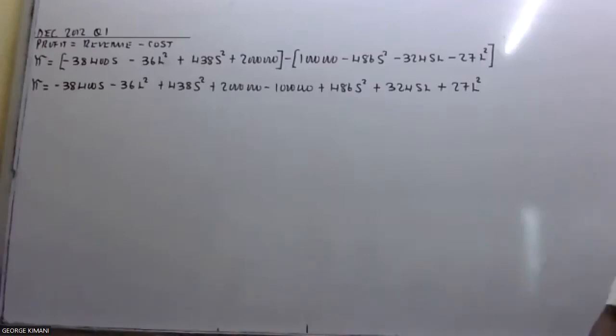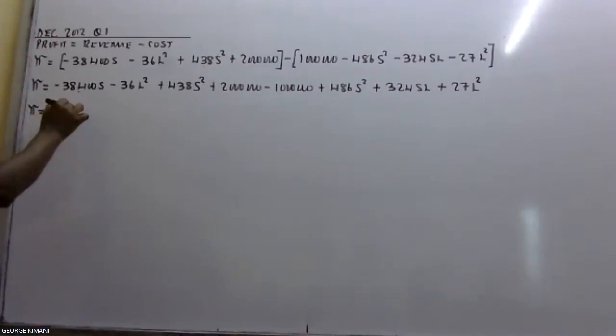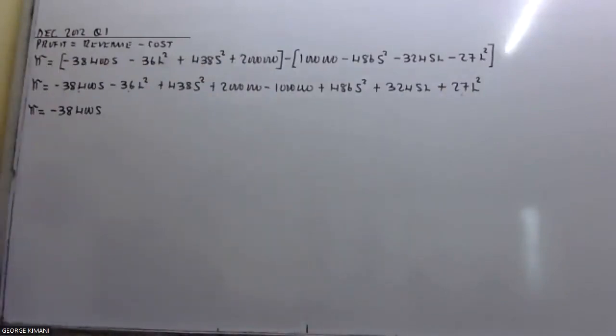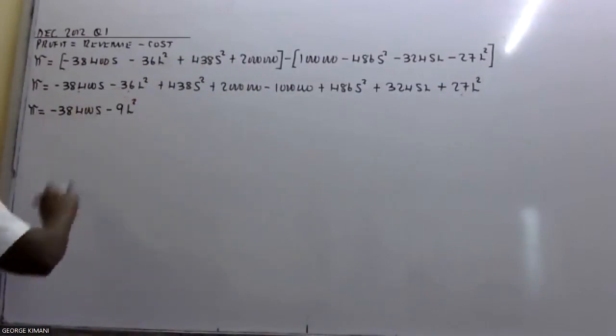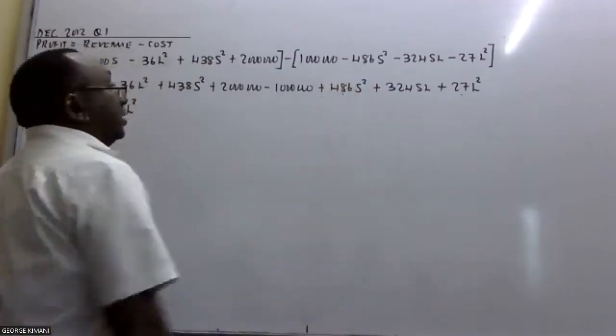Let's put like terms together. So this S has no partner, and that becomes 38,400S. L squared, there is this one of 36 and this one of 27. So minus 36 plus 27, we have 9, minus 9L squared. This S squared of 438 has another one here of 486.